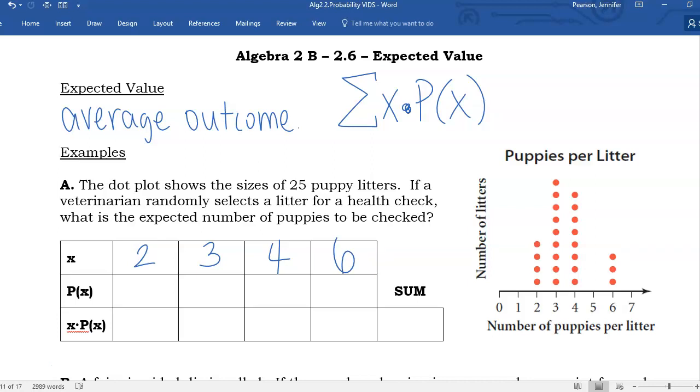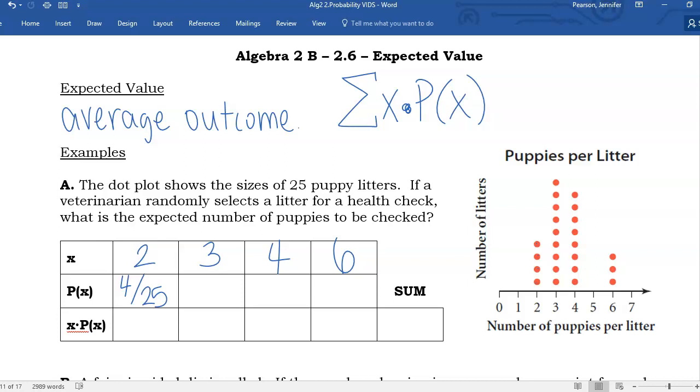That's the only place I see data on our dot plot, so I'm going to skip the other numbers. Next, we need the probability. P stands for probability. The probability of a litter having 2 puppies: if we look at the 2 column, I have 4 dots, so I have 4 puppy litters out of the 25 in the graph. So there is a 4 out of 25 chance that a litter will have 2 puppies.